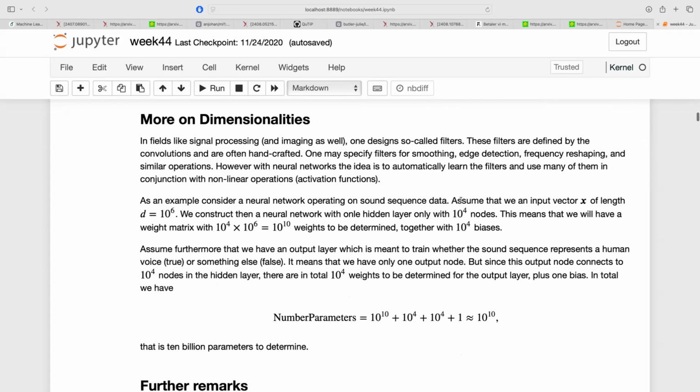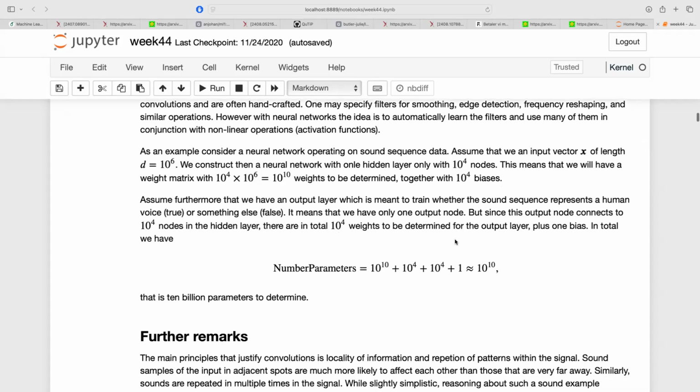If you now think of your input vector as a vector of dimensionality 10 to the 6th, then you could set up a neural network with only one hidden layer, which has 10,000 nodes. That means that you would have 10 to the 10th weights, plus some 10 to the 4th biases. And if you then have one output node, which connects to the 10,000 hidden nodes, you get 10 to the 4th weights for the output node.